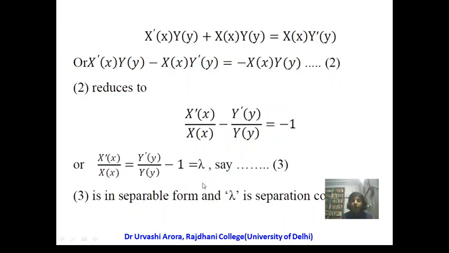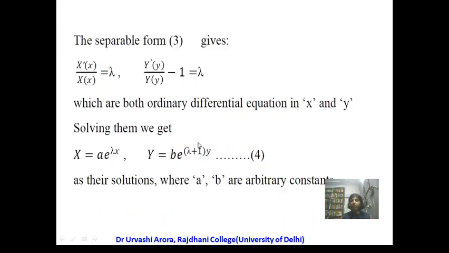So from here you get two ordinary differential equations. When you equate this term to lambda, you will get one ordinary differential equation, and when you equate this term to lambda, you get another ordinary differential equation. Both are ordinary differential equations of first order, this one in the variable small x, and this one in the variable small y, and they can be easily integrated.